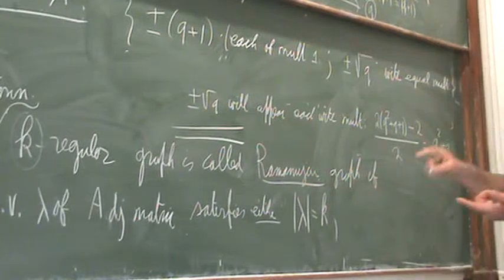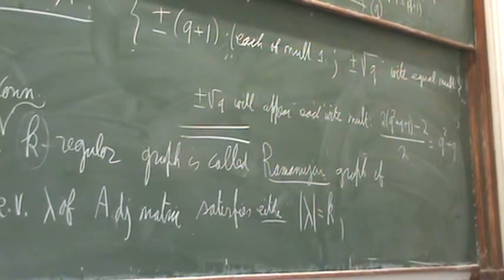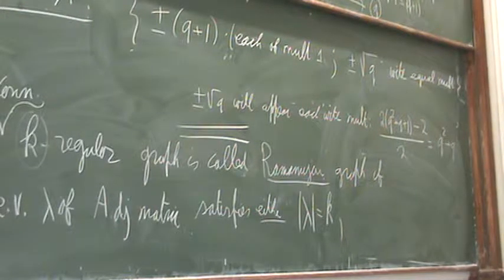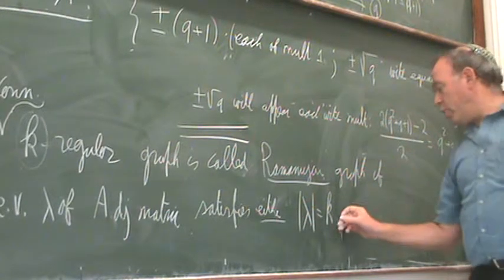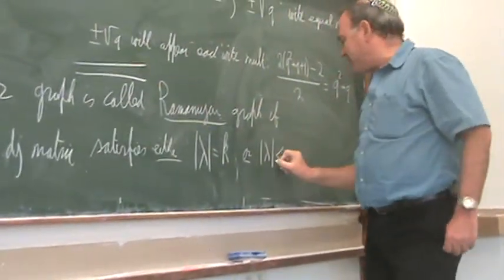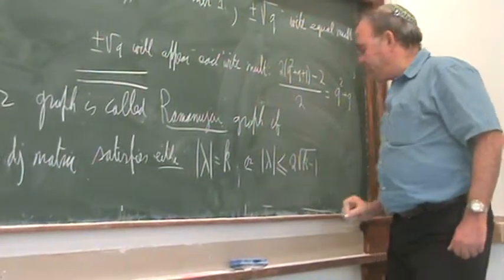So it can be either k or minus k. k is always an eigenvalue, remember. Minus k is an eigenvalue if and only if the graph is bipartite. Or if not, then it's very small, or lambda is less than or equal to 2 square root of k minus 1.